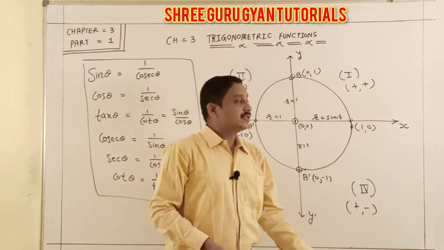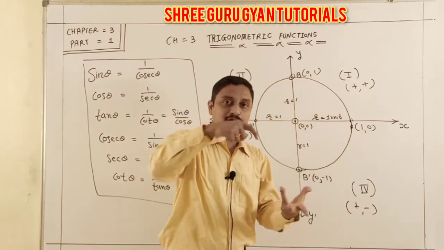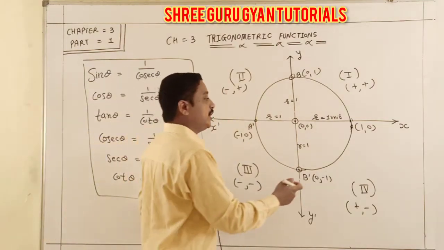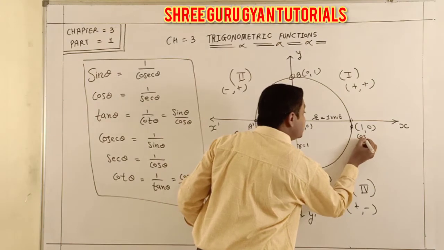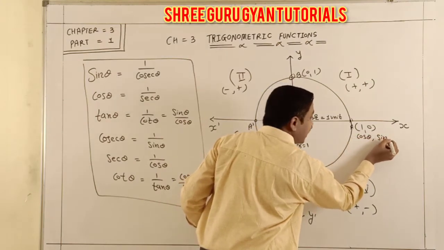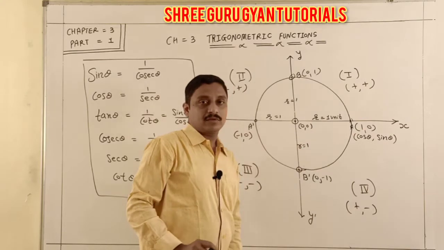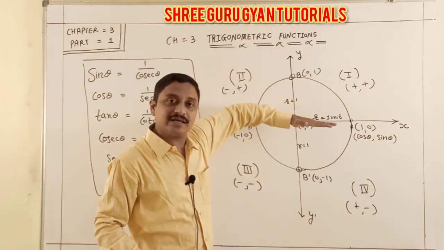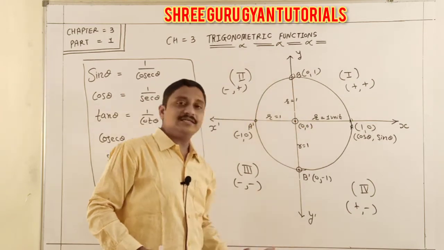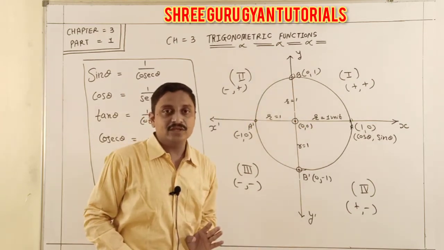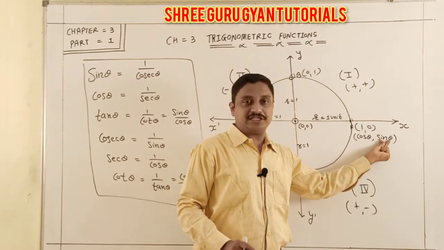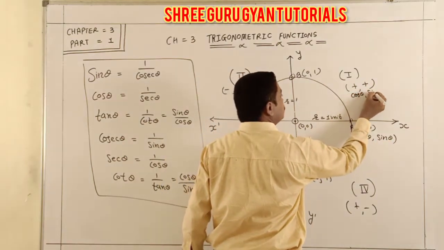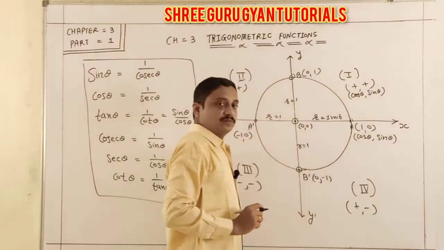Now students, on this unit circle, I plot these trigonometric parts one by one. The first point always indicates cos theta and sin theta is the second point. Cos theta is plotted on the real axis. The x-axis is the real axis and the y-axis is the imaginary axis, so the imaginary axis plots sin theta. Similarly here, cos theta first, second sin theta.